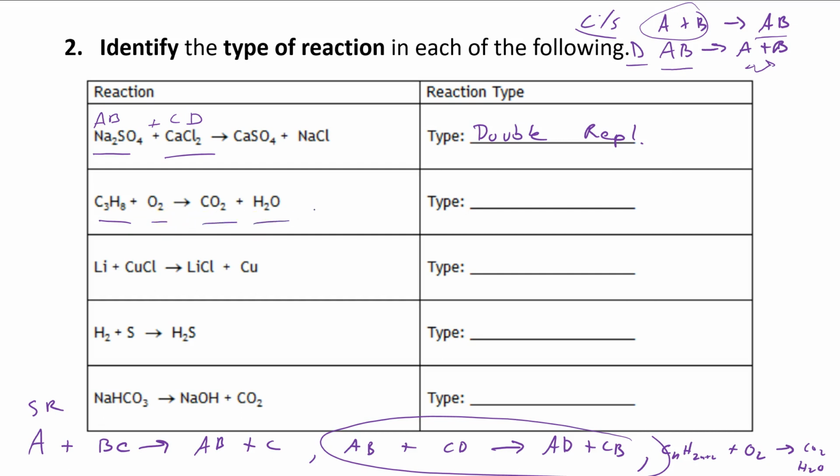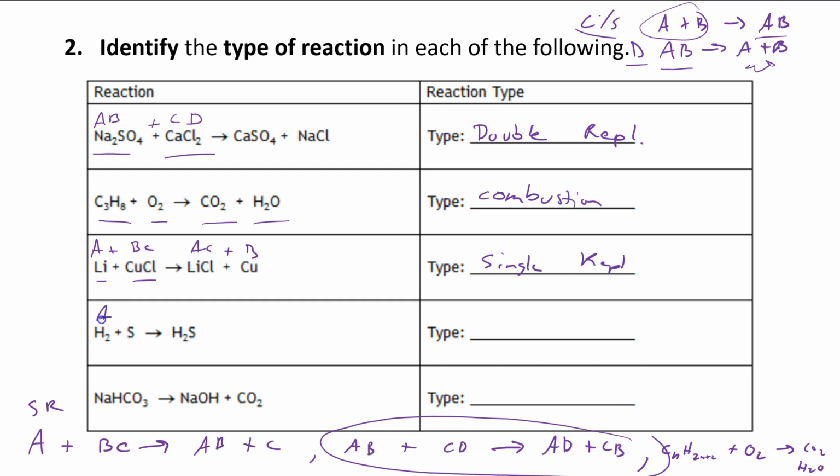We need to automatically recognize that as a combustion reaction. All right. Next one, we got a single element and a compound. So this looks like an A plus BC yields AC plus B. So that is a single replacement.